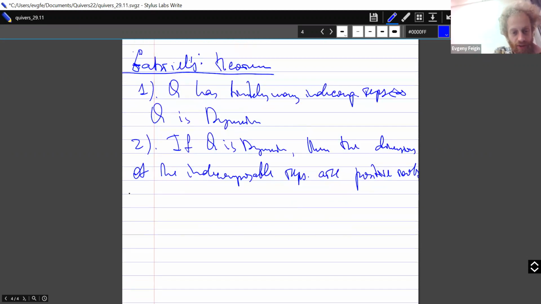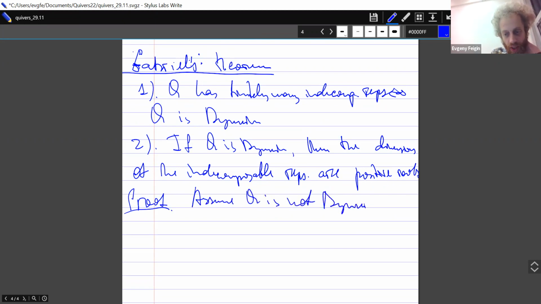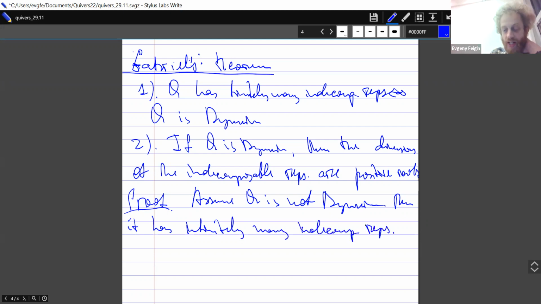So let us prove it. Let's first start with the simple part. Assume Q is not Dynkin. Then the claim is that it has infinitely many indecomposable representations. Do you remember why?